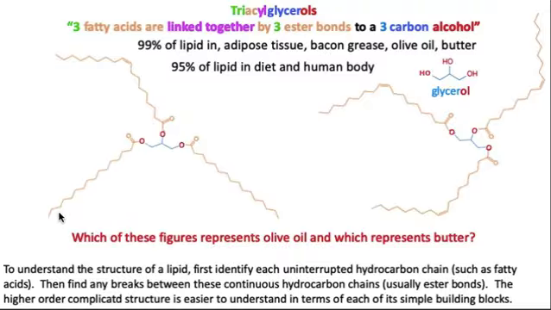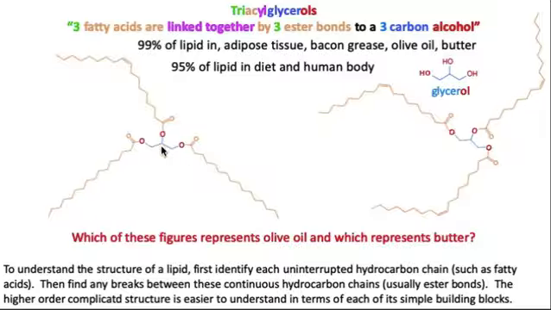Every continuous carbon chain represents a building block. In this case, a fatty acid, a fatty acid, a fatty acid. And then where you see the oxygens interrupting the carbon chain is where you have a different building block, in this case the glycerol. Very important to think that way.